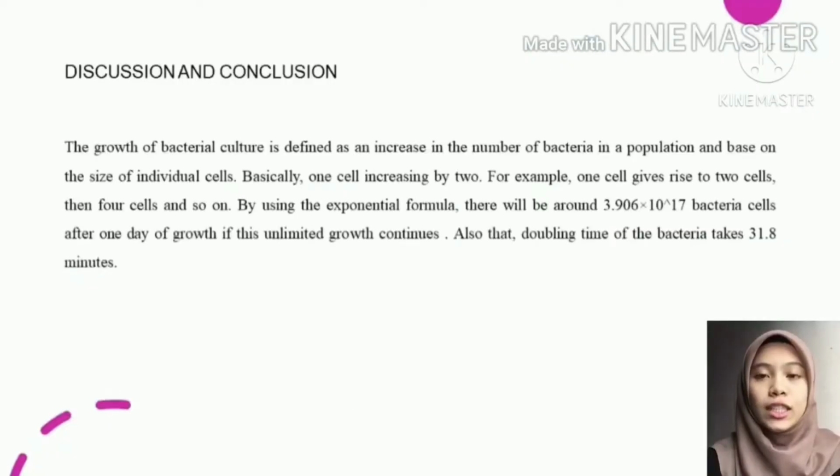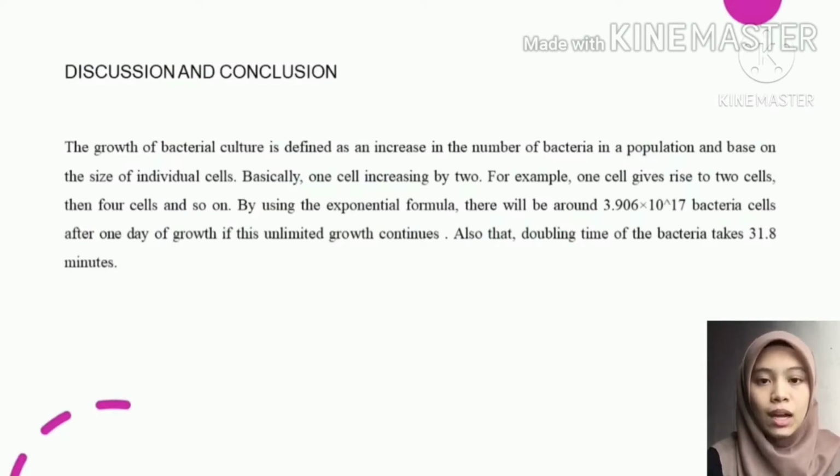For discussion and conclusion, we can conclude that the growth of a bacterial culture is defined as an increase in the number of bacteria in a population, based on the size of individual cells. Bacterial populations grow either geometrically or exponentially. Basically, one cell increases by 2.